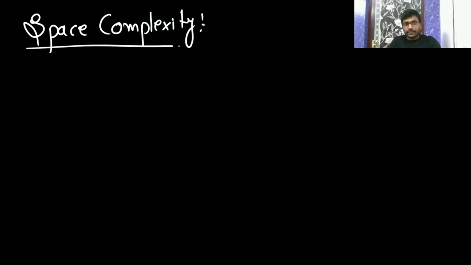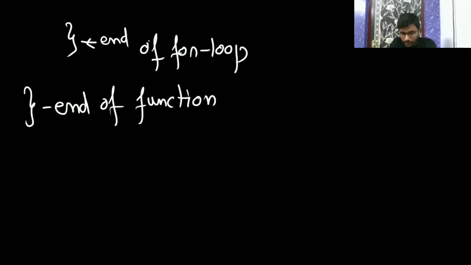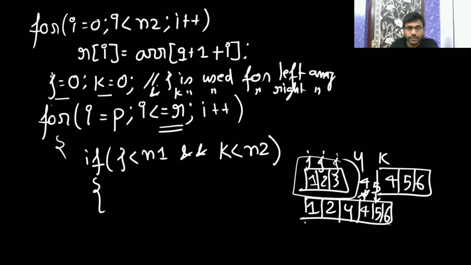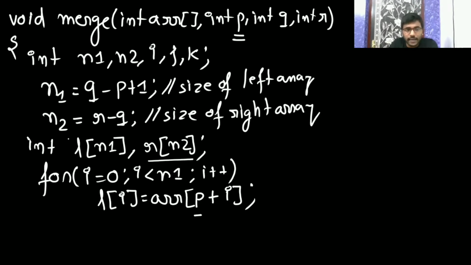So in merge, we are requiring two arrays of size n by 2. Because if the array has size n, one array of size n by 2 and another array of size n by 2 are required, since we are creating two arrays, a left array and a right array.